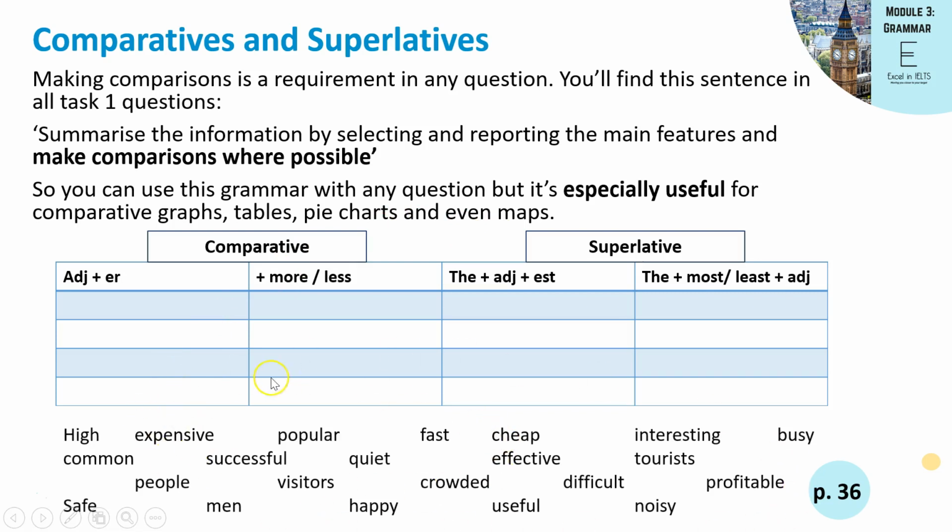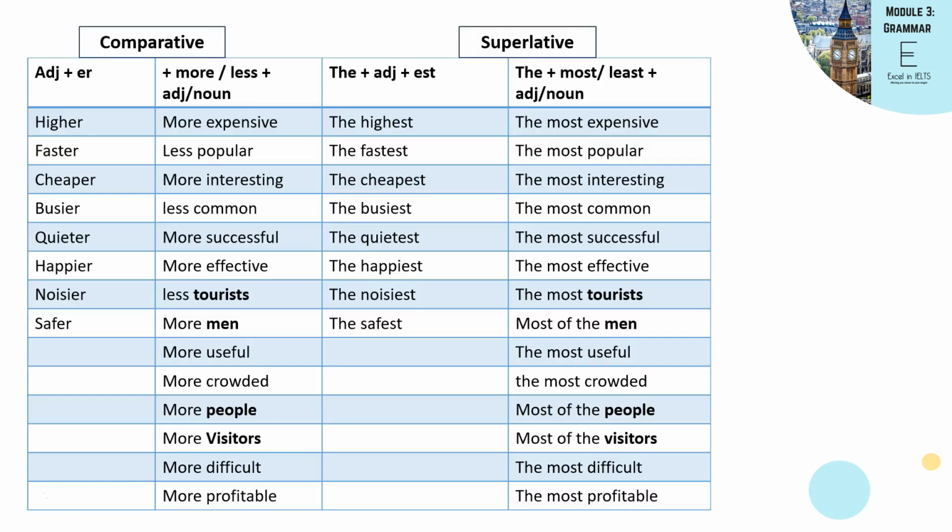Here you have a table of the basic rules for comparative and superlative structures, and here are some adjectives and nouns, and what I want you to do is put these in the right column. So let's have a look at the answers. As you can see, most 1-syllable adjectives fall under this category, so you just simply add ER to the adjective. We do have exceptions. There are some 2-syllable adjectives where you do also add ER, but if they end in Y like these two, then you need to write IER.